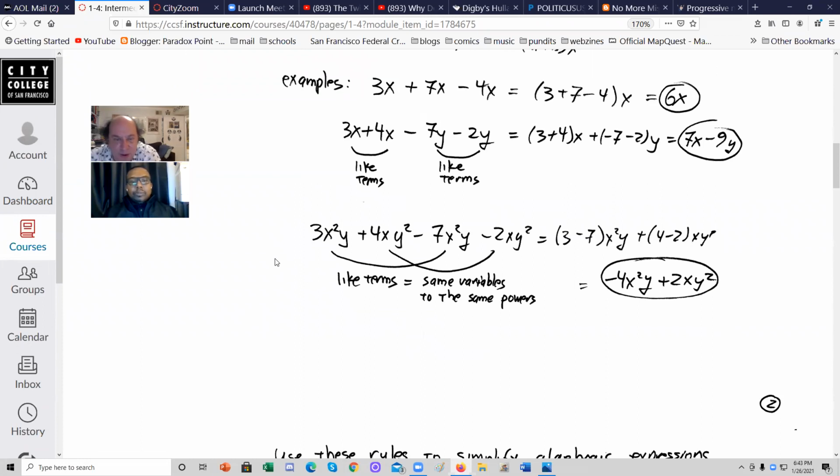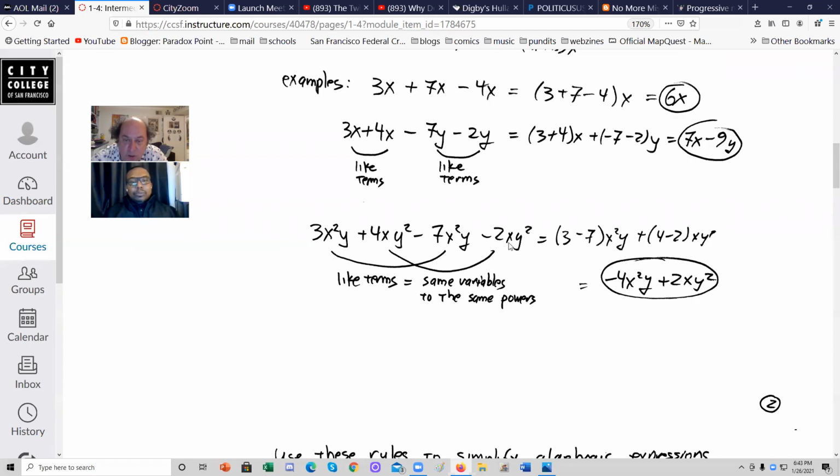Here's a nasty one. 3x squared y plus 4xy squared minus 7x squared y minus 2xy squared. Like terms, it's not just the same variables, it has to be the same variables to the same powers. So here's 3x squared y, here's minus 7x squared y. These are like terms. So you get (3 minus 7) times x squared y. Here's a 4xy squared, here's a minus 2xy squared.